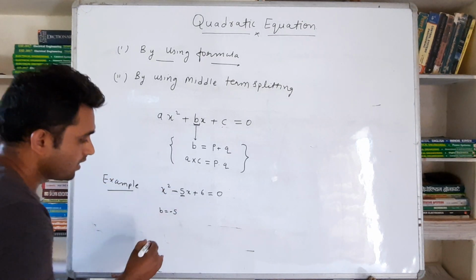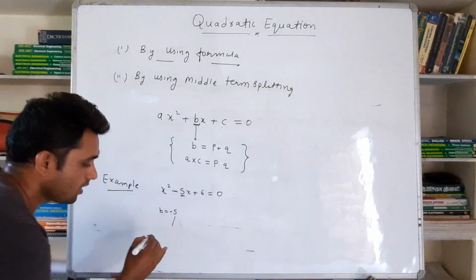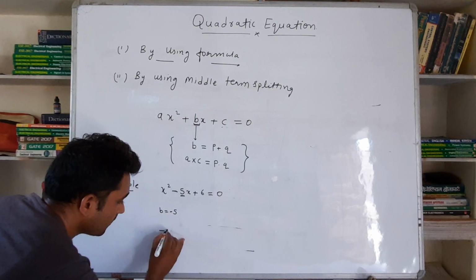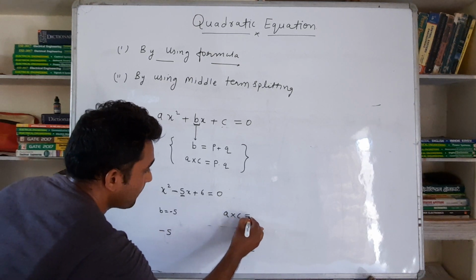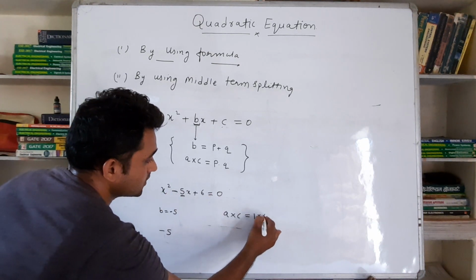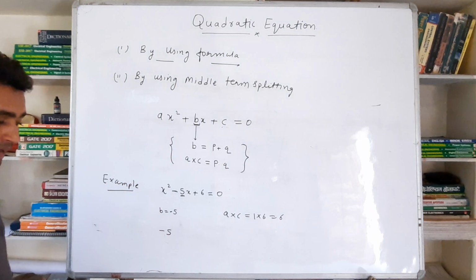Take the sign. So here you have to split this 5. How? b and ac: 1 into 6, so the product should be equal to 6, and the addition should be equal to minus 5.